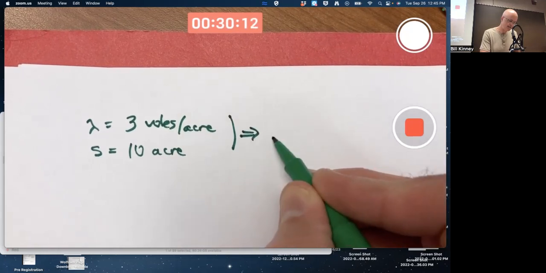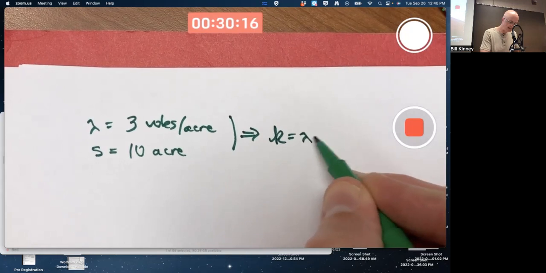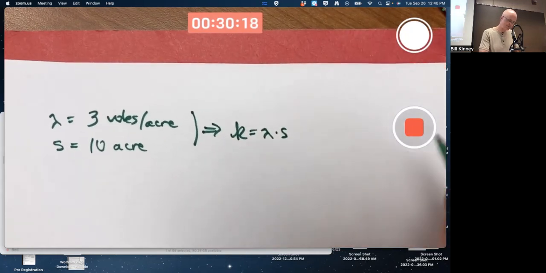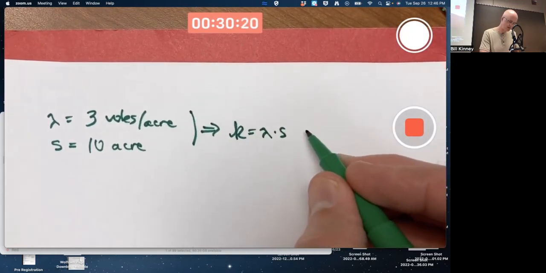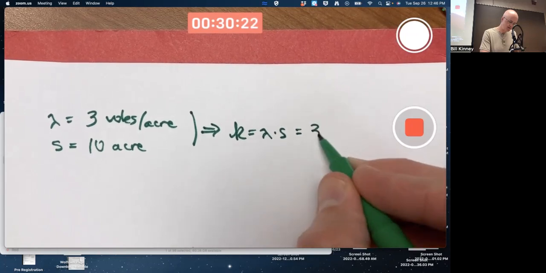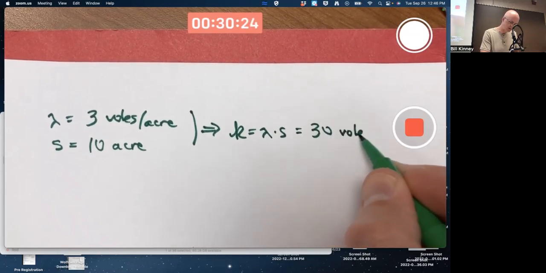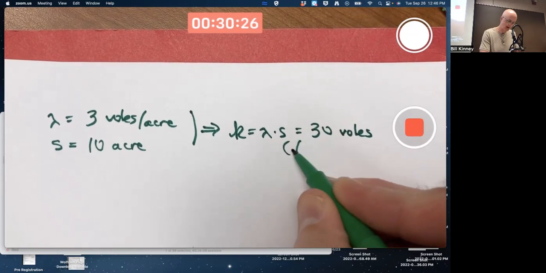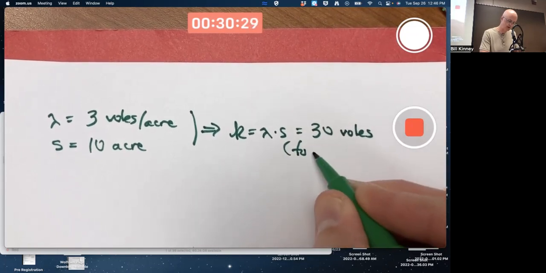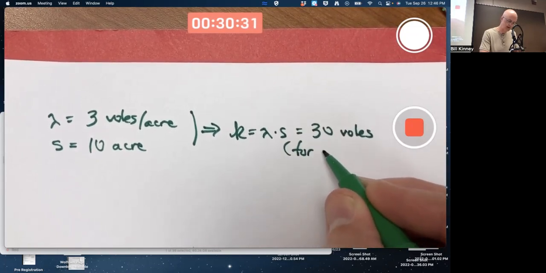This would imply that you should expect K equals lambda times S, 30 voles on average for 10 acres.